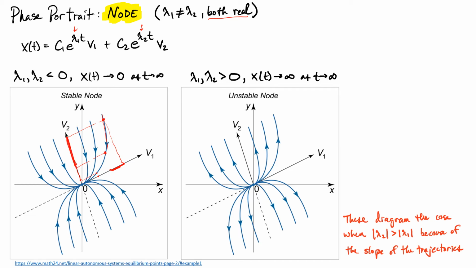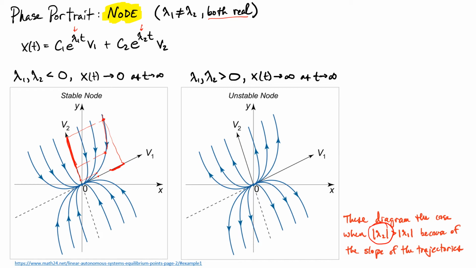So mode 2 is changing faster than mode 1, and for that reason, we can interpret that lambda 2 has a larger magnitude. In this case, it's a more negative value, and so that exponential dies away quicker than the V1 mode does.